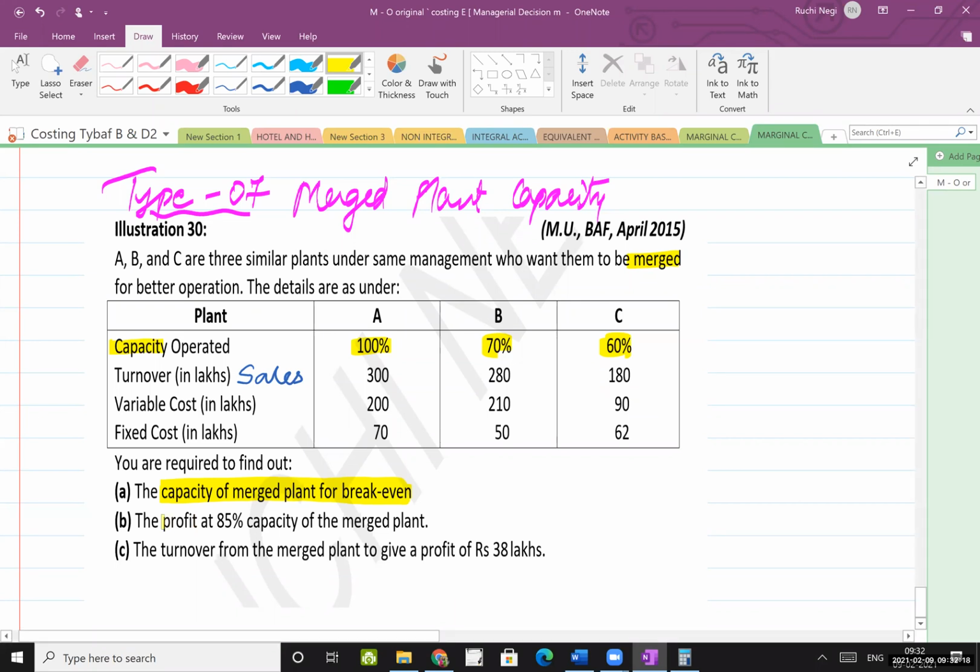Next, profit at 85% capacity of the merged plant. Next, turnover, that is sales, of the merged plant to give a profit of 38 lakhs. Question samjha? Acknowledge it in the chat box. Is the question clear to everyone?